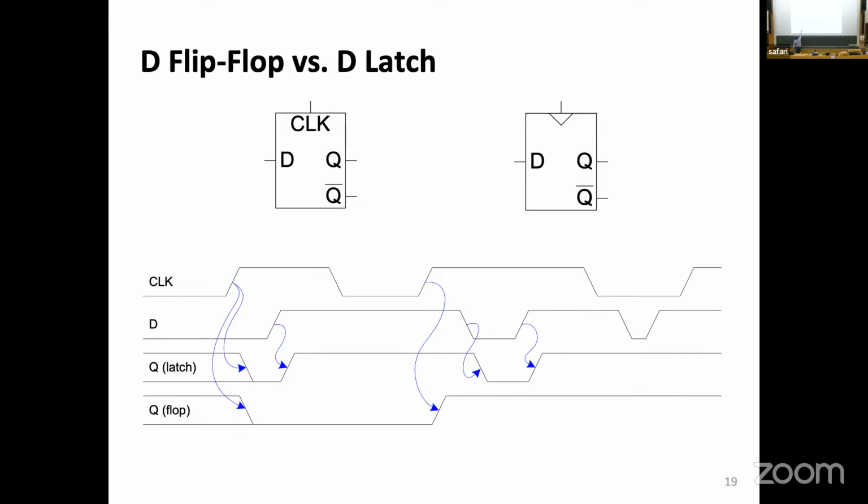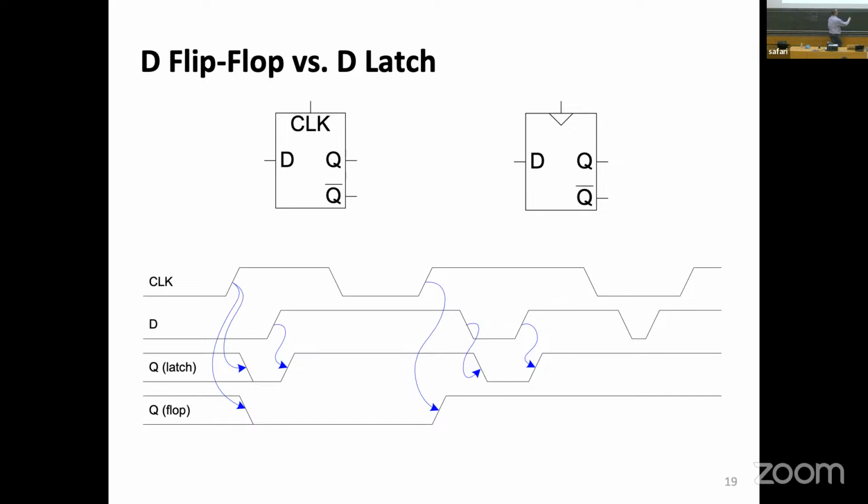This one is the latch. This one is the flip-flop. How do I tell them apart? Well, nobody agrees on them. Even some books have it in a different way. But generally, when you draw these things and you put a squarish box for the clock connection, you say this is a latch.